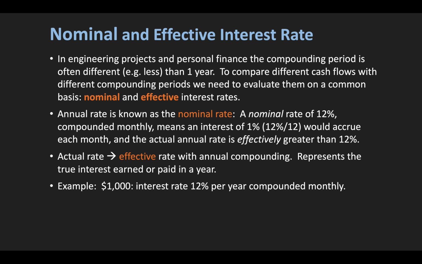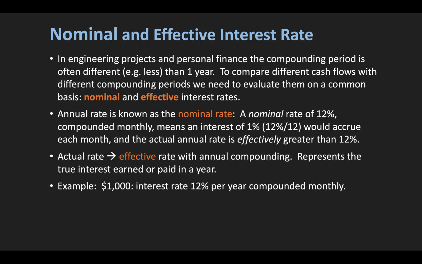Not sure if you understand this, but here's one example. Let's say you borrowed $1,000 from the bank. The bank told you the yearly interest rate is 12%, but it's actually compounded monthly.